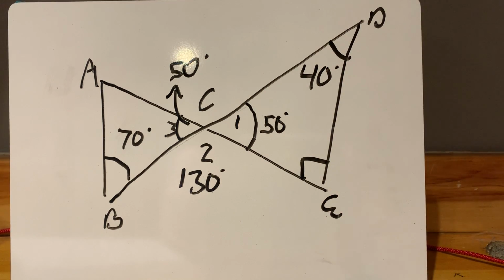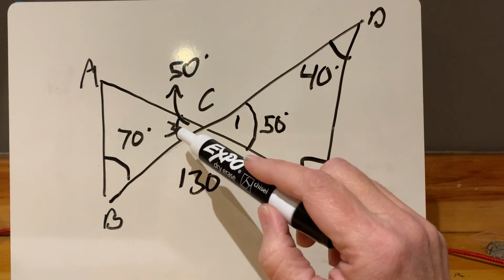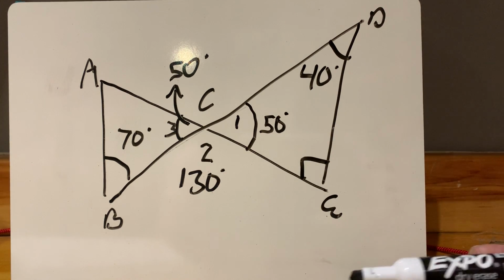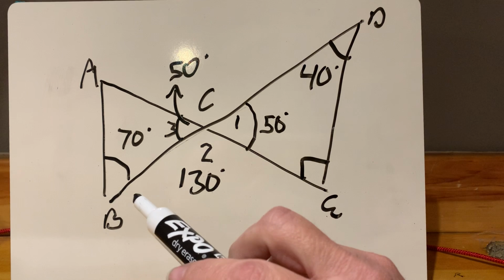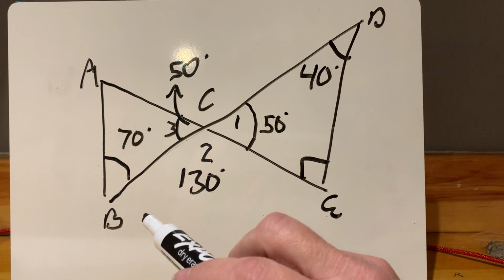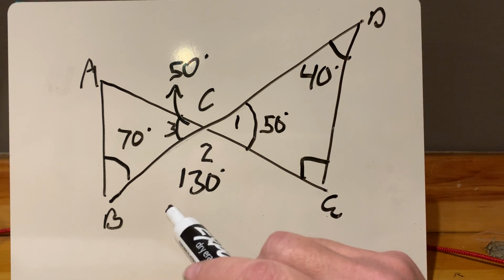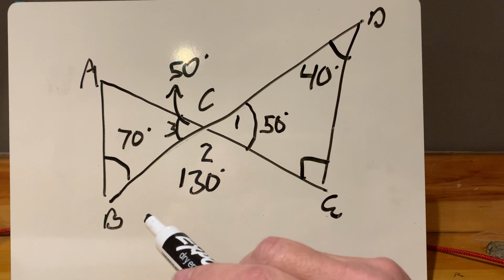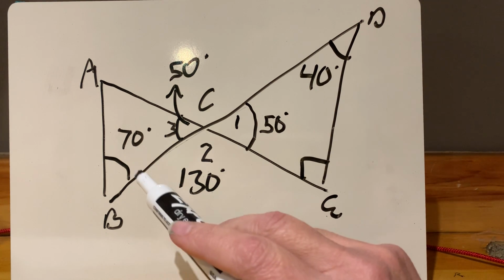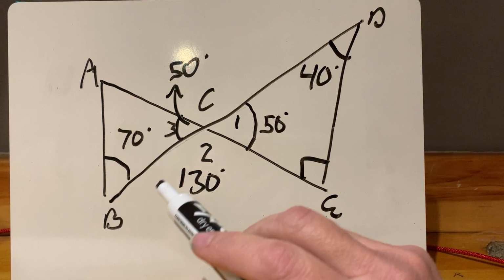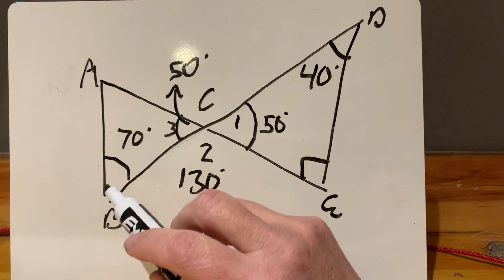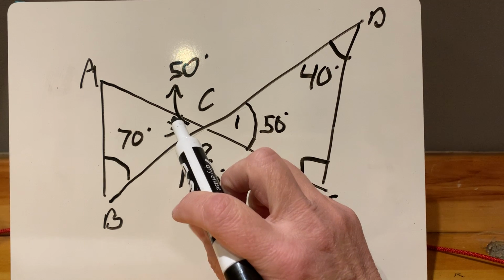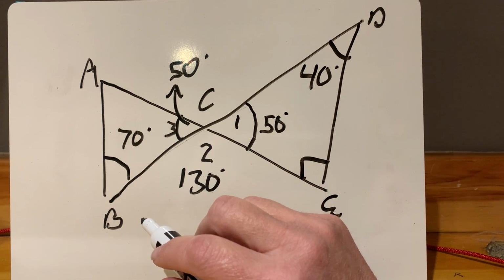Now we know that angle B, 3, and A must form 180 degrees. Angle B is 70, angle A is 60. So we would add angle B, angle 3 is 50. We would add angle B and 3 to total 120 degrees.